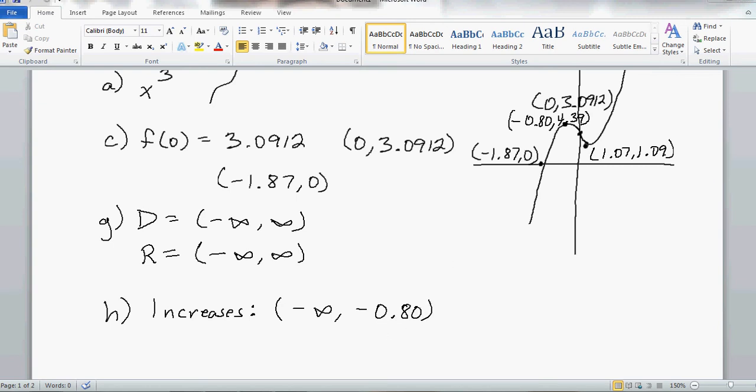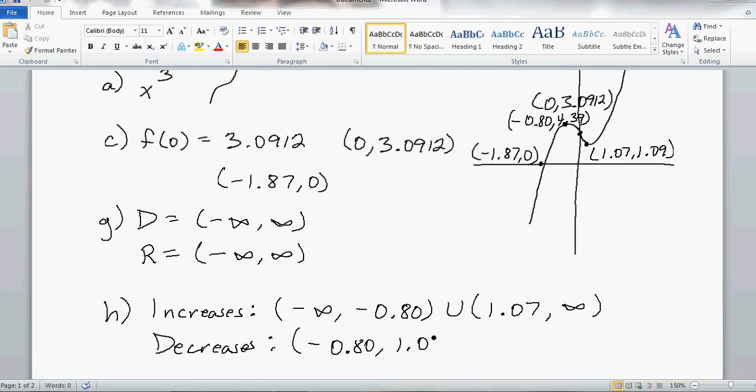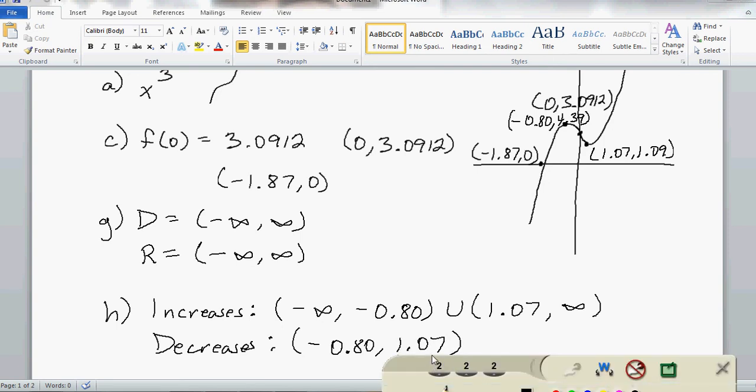And then it goes down for just a little while, but then it starts going back up when x hits 1.07. And then it goes on forever. So that's when it's increasing. Decreases only for a short little while. It's going to decrease between negative 0.80 until it hits 1.07. And then it's pretty well done.